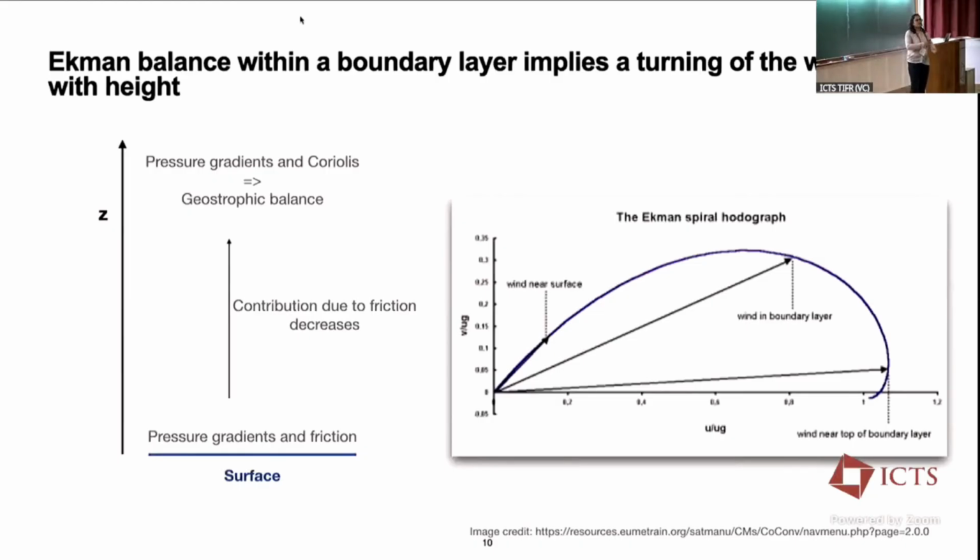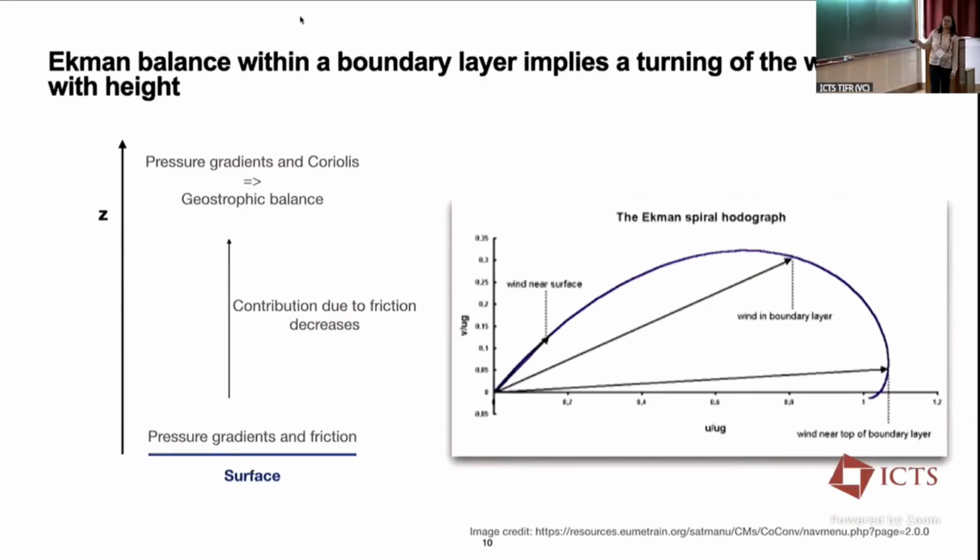And if you visualize this and try to obtain the winds from how the forces are changing throughout the boundary layer, you would see that the winds would have to turn as they go up. This is what is known as the Ekman spiral, and that's given here. The x-axis is the magnitude of the zonal wind with respect to the zonal geostrophic wind that you would have at the top.